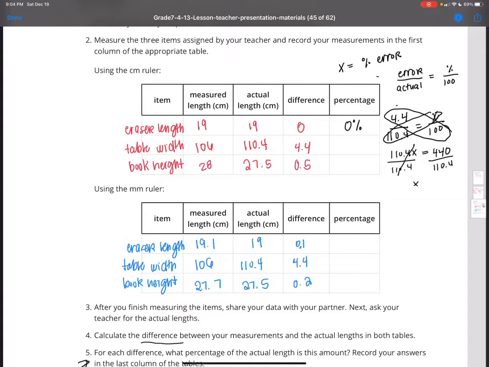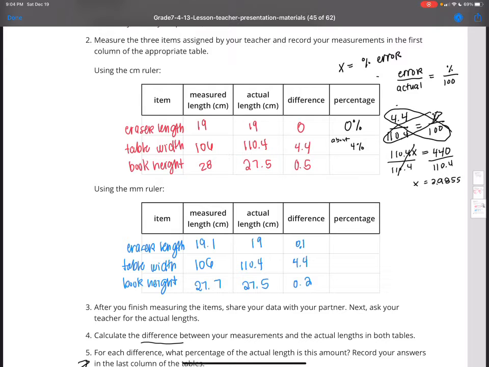So when I do that, and I'm going to round to the nearest percent, I get about 4%. What I actually got was 3.9855, but when you round, all those numbers will round up, so I'm going to put about 4%.